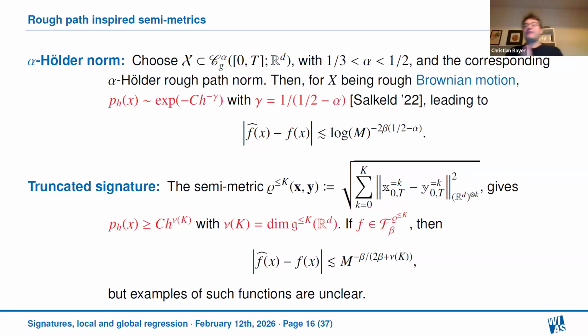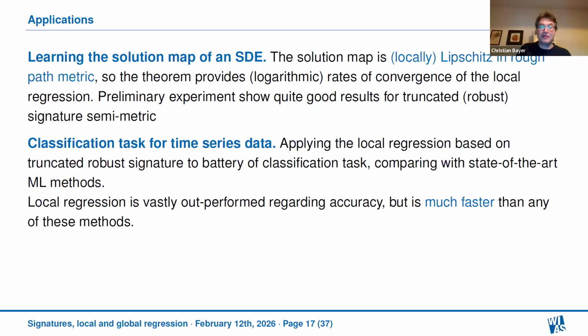The only problem is, do we know good examples of Hölder continuous functions under this semi-metric? And my answer is no. Of course, you can take linear functionals of the truncated signature. Okay, that's going to work, but that seems like a very restrictive example.